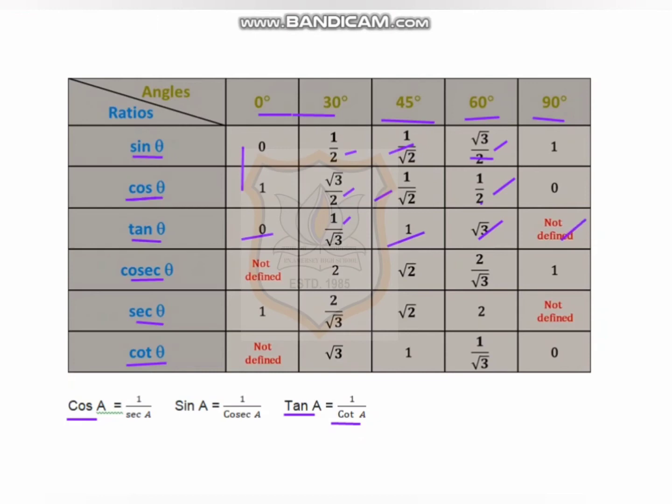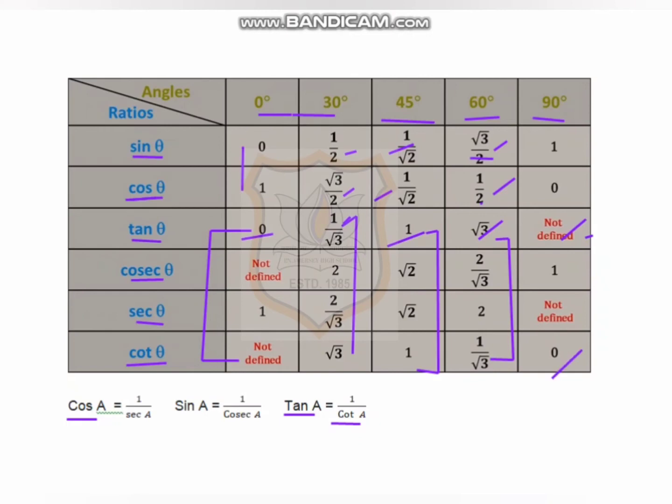Now taking the reciprocal of tan theta, means tan 0 is the reciprocal of cot 0. So cot 30 is the reciprocal of tan 30. We have to just reciprocate, means just reverse the number. The denominator becomes the numerator, the numerator becomes the denominator. 1 as 1, and the reciprocal of root 3 is 1 upon root 3, and this is 0.